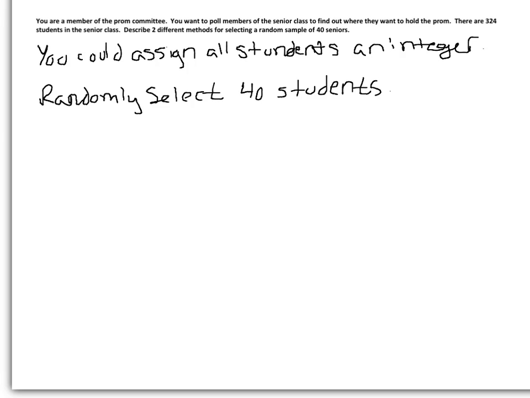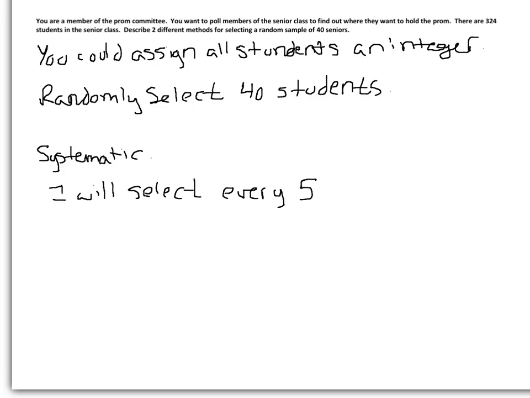Another way you could do it would be a systematic sample, where you still assign all the students an integer, but instead of randomly selecting 40, you say, I will select, let's see, every 5th number until 40 are selected.